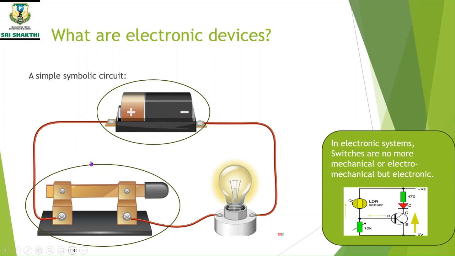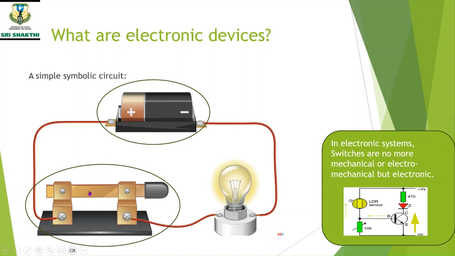So the source itself could contain several electronic devices like diode, transistor, etc. Special diodes like Zener diode, and the switch can be made up of simple electronic circuits, or it could be very complex, like how many switching is happening in your mobile phone, how many switching is happening in your computer. All these are electronic switches.